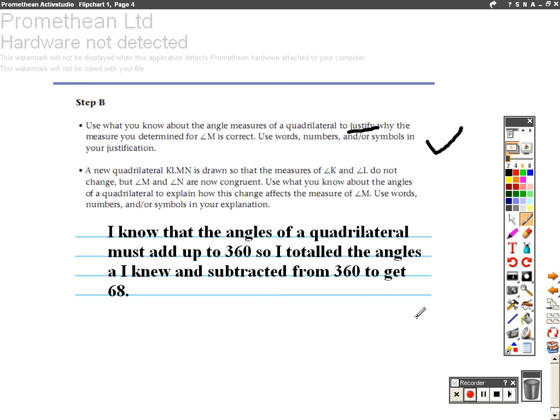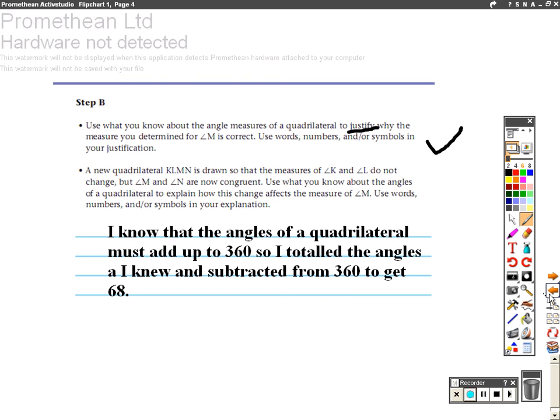The second piece. A new quadrilateral KLMN is drawn so that the measures of angle K and L do not change, but M and N are now congruent. Use what you know about angles of a quadrilateral to explain how this change affects the measure of angle M. Use words, numbers, and/or symbols in your explanation. So I'm going to go back to the picture, and K and L don't change.